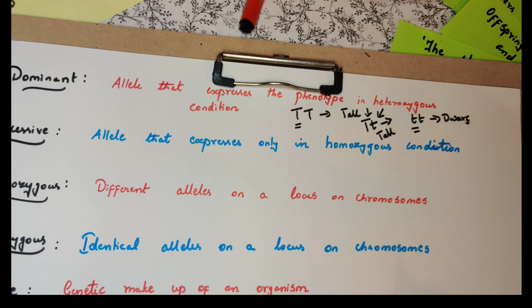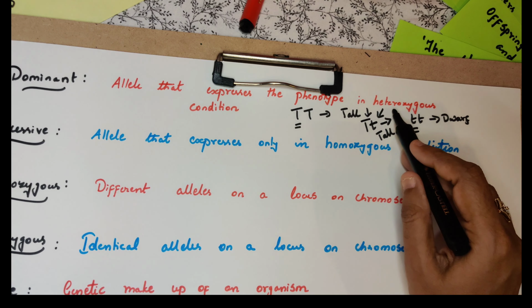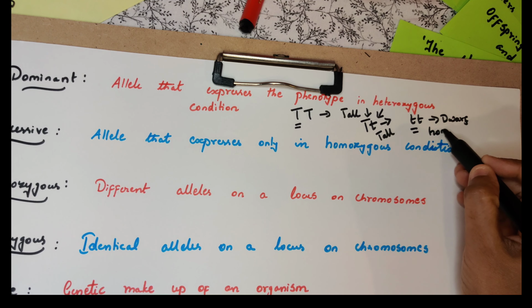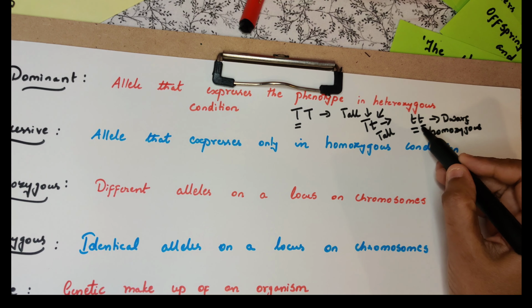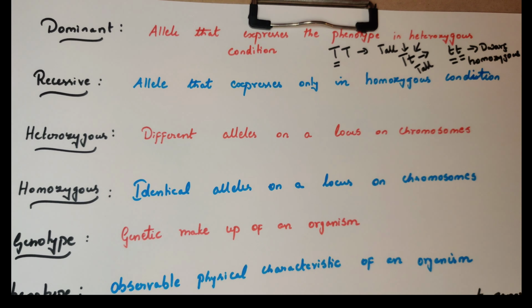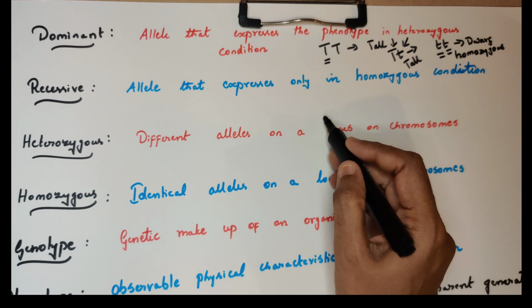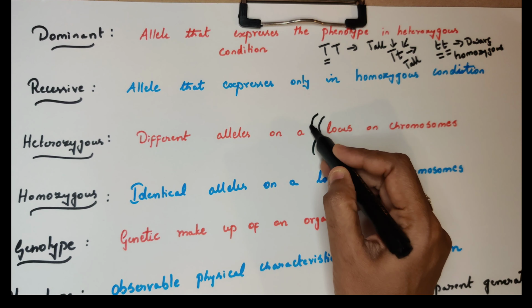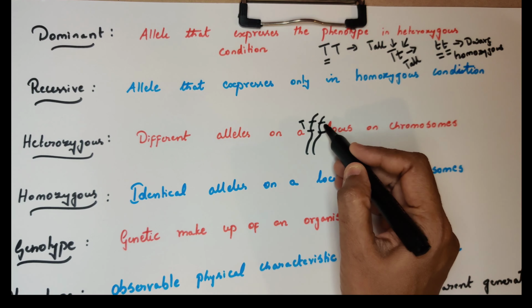For dwarfness to express in an organism, it needs to be in homozygous condition. Homozygous means both the letters should be small t only. So this is the difference between dominant and recessive. Let us go to the next one. Heterozygous means you have a DNA here with a capital T and a small t.